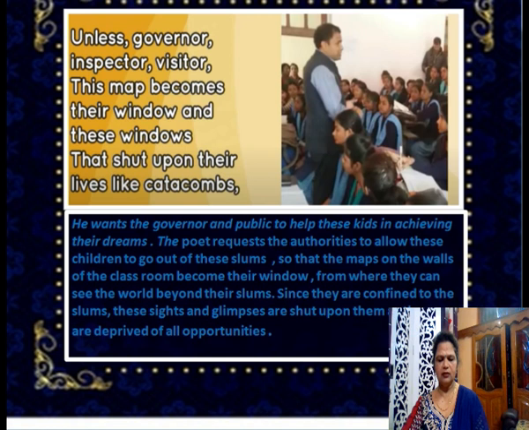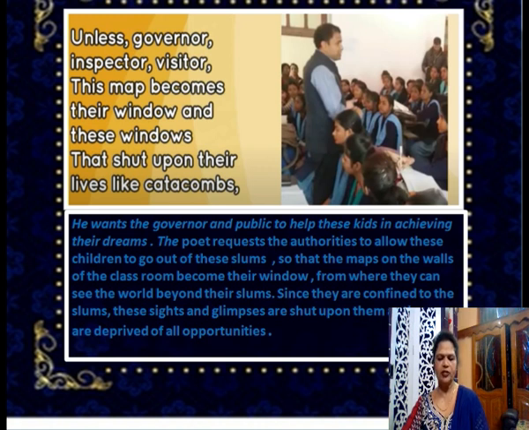Unless governor, inspector, visitor, the map becomes their window, and these windows shut upon their lives like catacombs. Now, the poet is making a request. He wants the governor and the public to help these children in achieving their dreams.